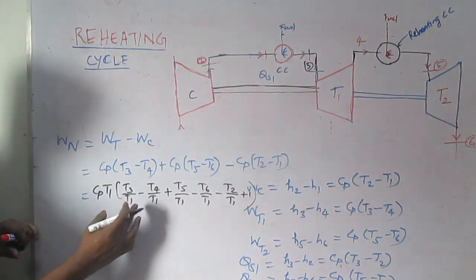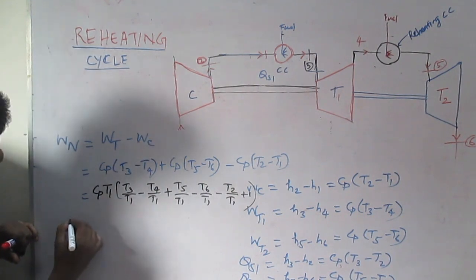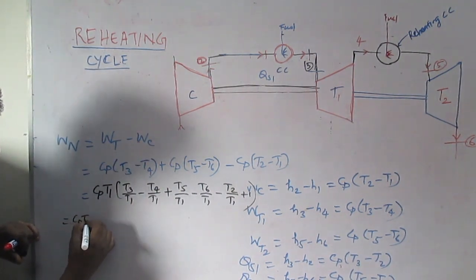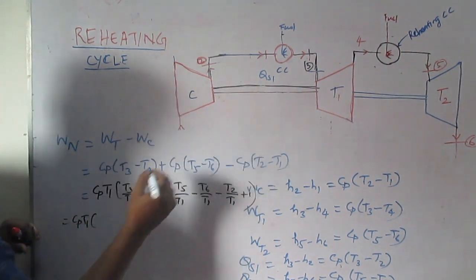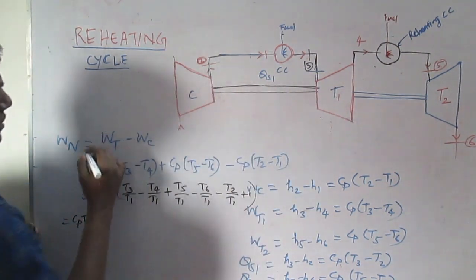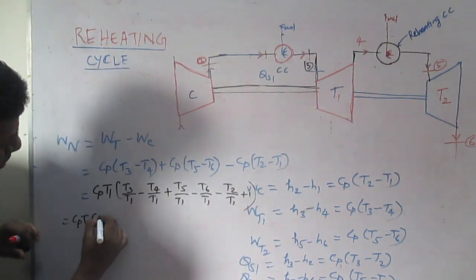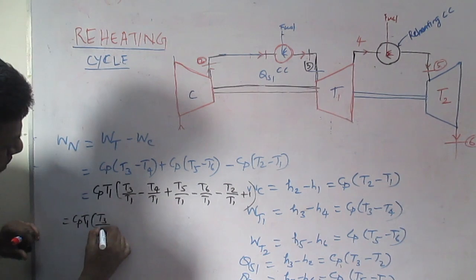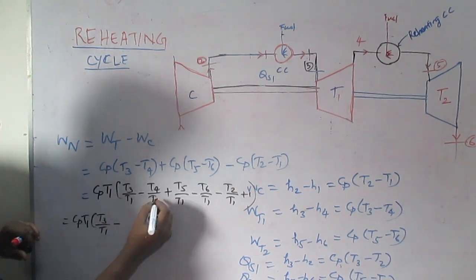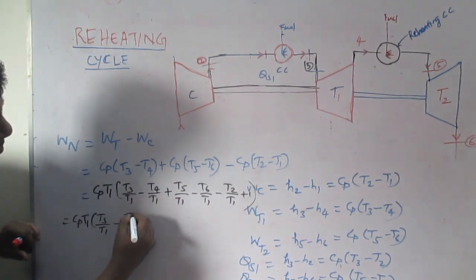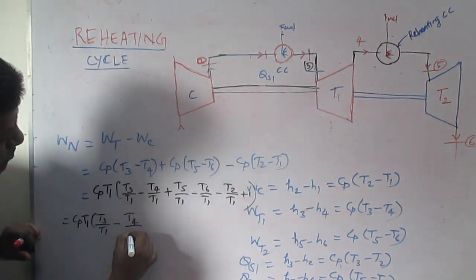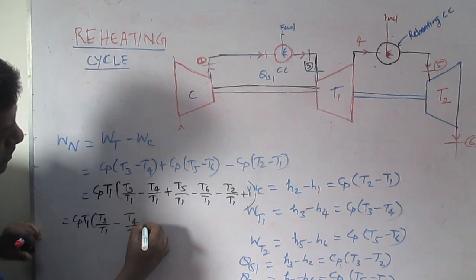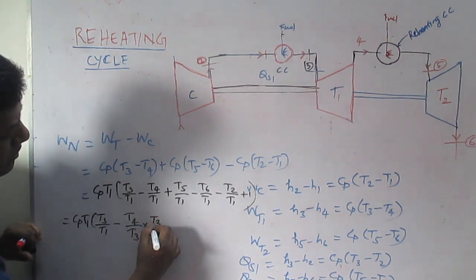Now in this we are going to split this term. Cp into T1, T3 by T1 we know, that did not change. So T3 by T1 is the same as it is. Then minus T4 by T1 we are going to split, that means T4 by T3 into T3 by T1.